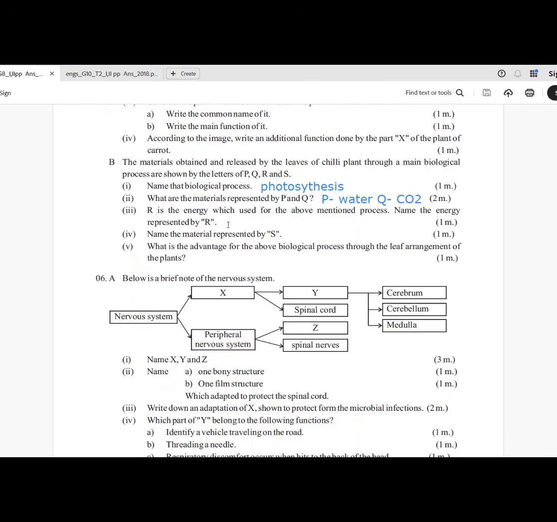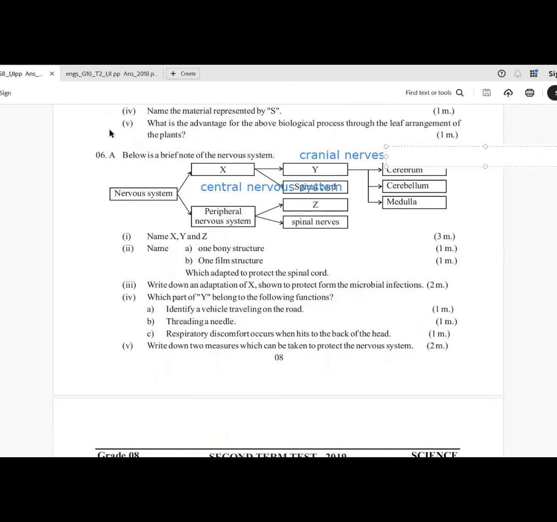R is the energy which is used for the above mentioned process. Name the energy represented by R. Name the material represented by S. What is the advantage for the above biological process through the leaf arrangement of the plants? To get more light.